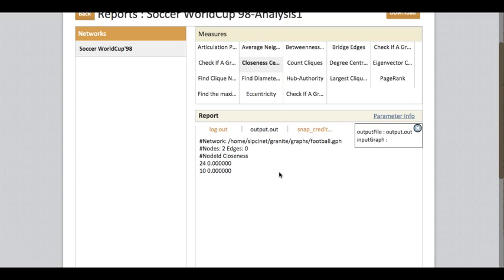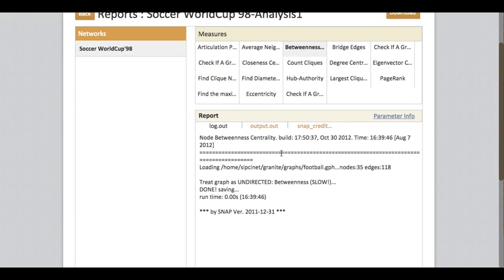Download. Let's see how 24 and 10 behaved for betweenness centrality.